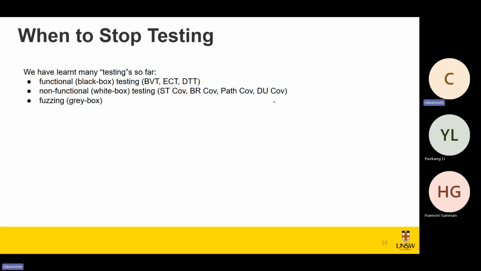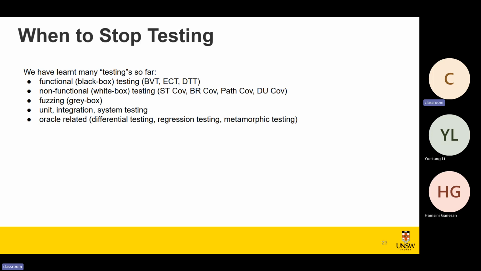And we learned gray box testing, which we will be practicing using fuzzing for assignment 2. And then we learned different levels of testing, for example, unit testing, integration testing, and system testing. We also learned some test oracle related types of testing, for example, differential testing, regression testing, and metamorphic testing.